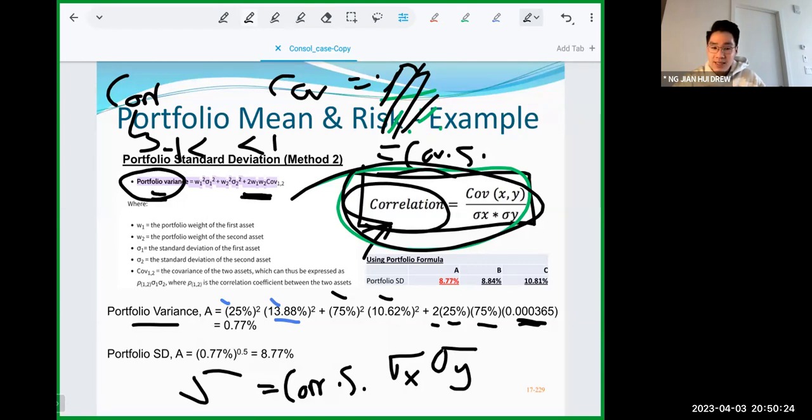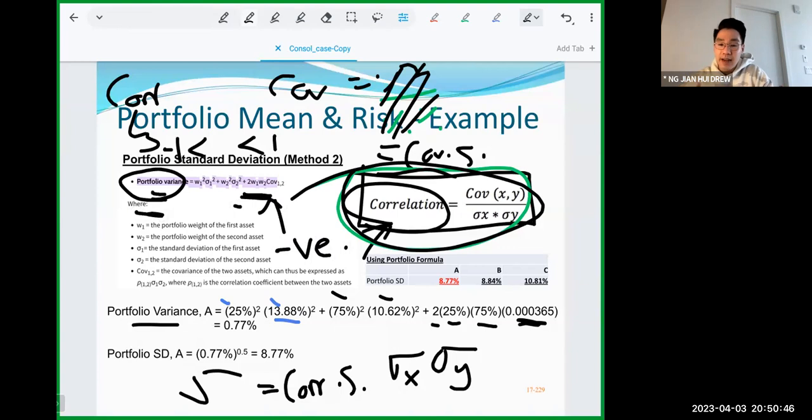We want to have less risk. So if your covariance is negative, it's better, because if it's negative, you're going to minus away the 2 W1 W2 covariance term, and so your total risk here would be lesser.